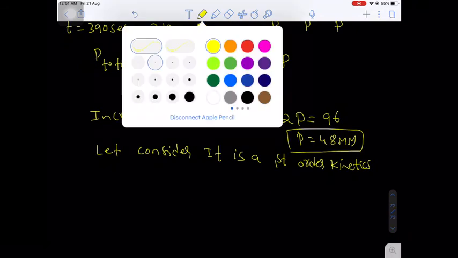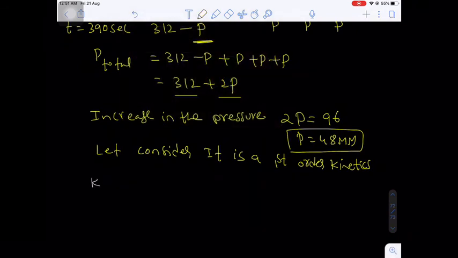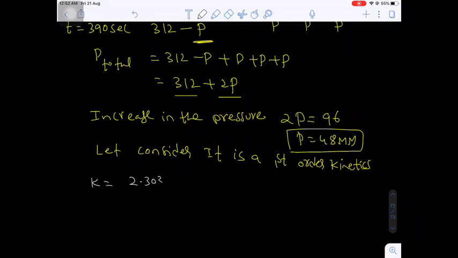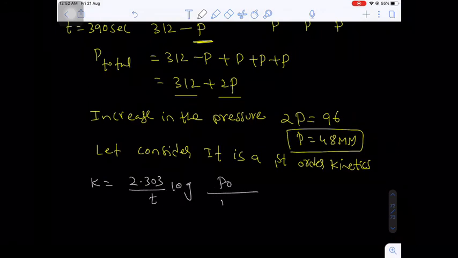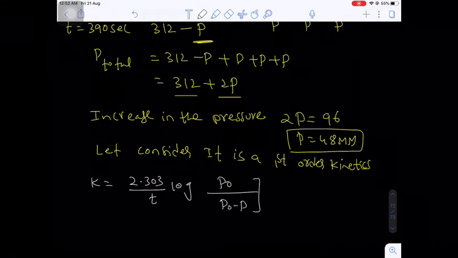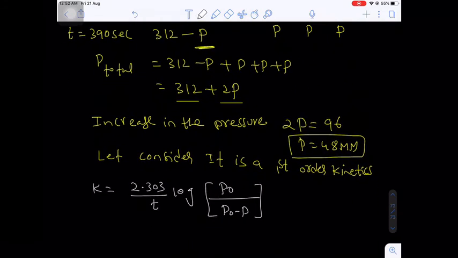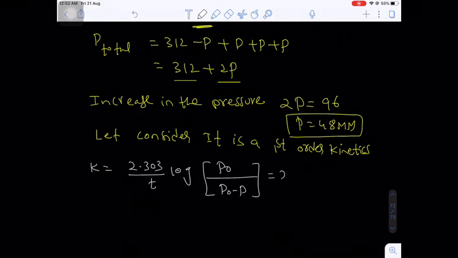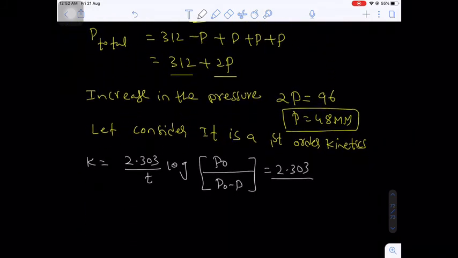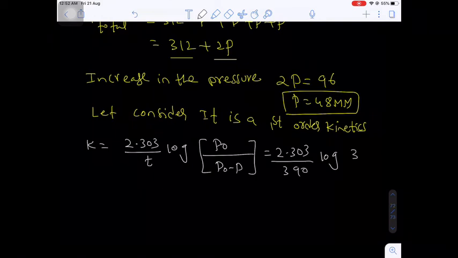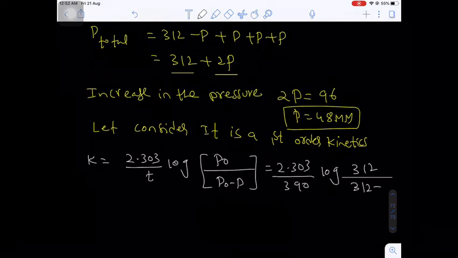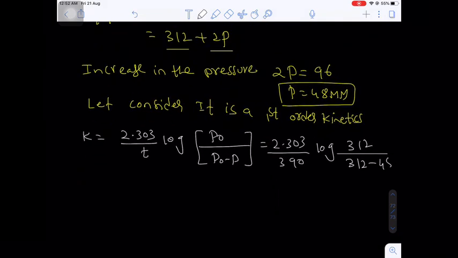What is the first order rate constant expression? k equals 2.303 by t log of partial pressure of reactant P naught divided by partial pressure of reactant at a certain time interval, that will be P naught minus P. So 2.303 divided by the time interval, 390 seconds, log of the initial pressure 312 divided by 312 minus the P value, 48 mm.